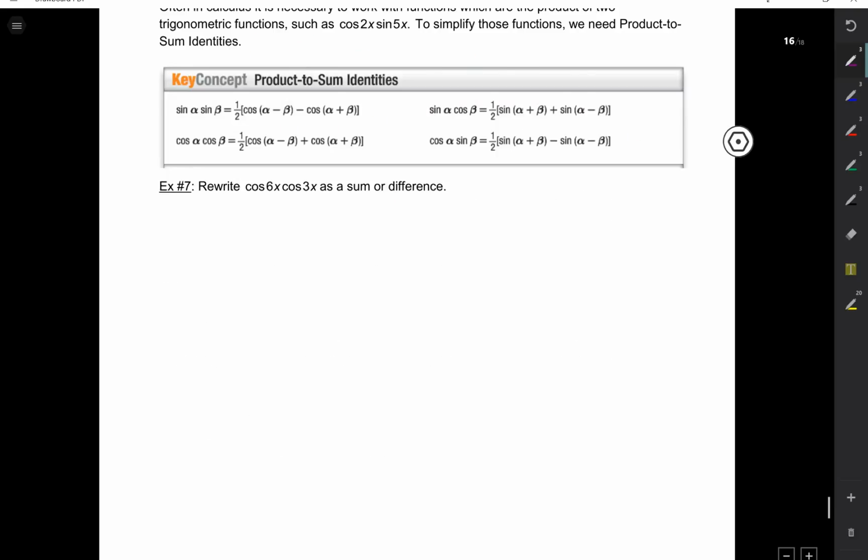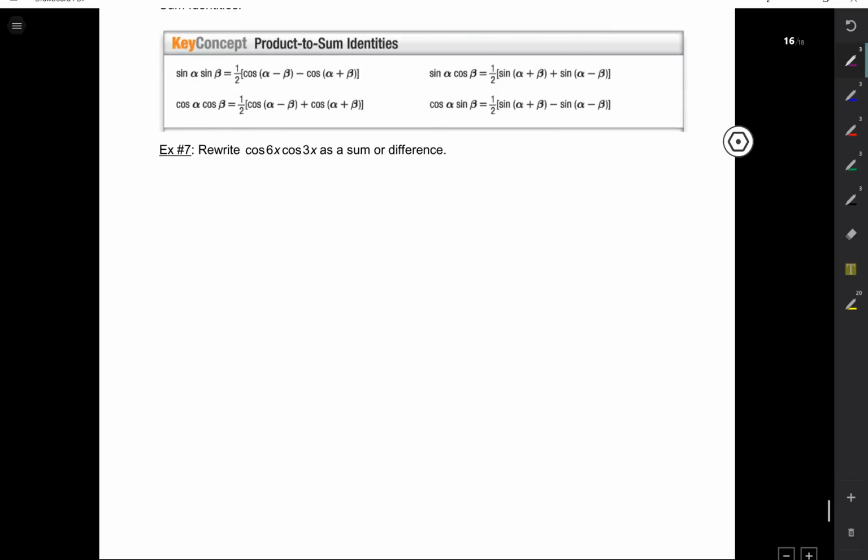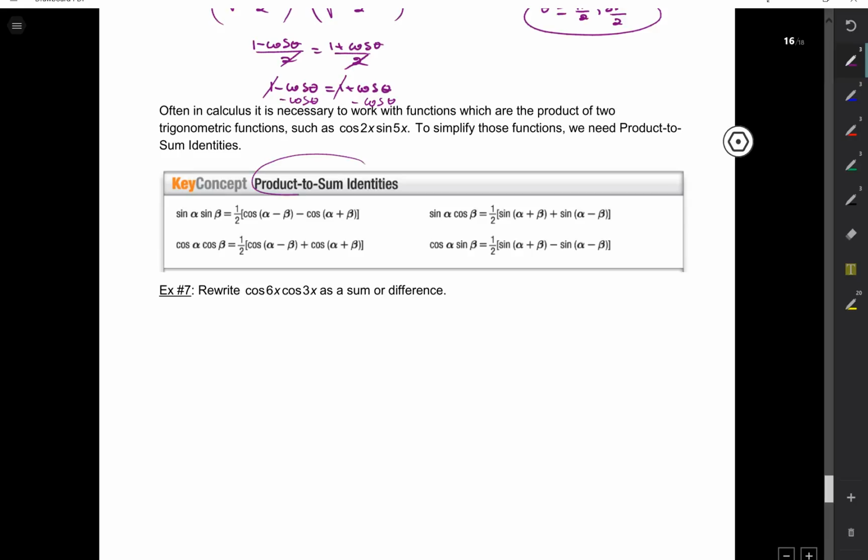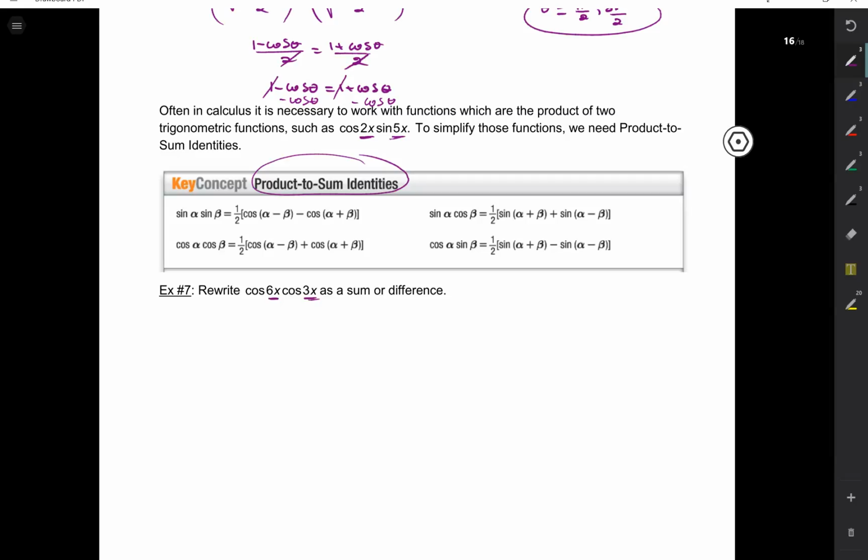Now we have a whole other set called product to sum. We use these when you have cosine of something, sine of something else. Like here, I have cosine of an angle, cosine of another angle. It's cosine times cosine. It's a product. We then convert it to a sum.